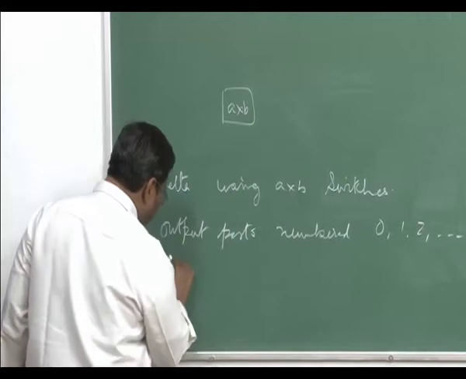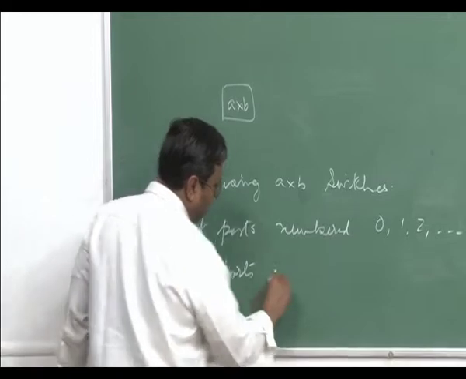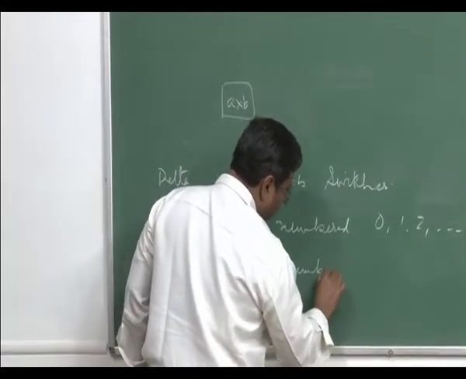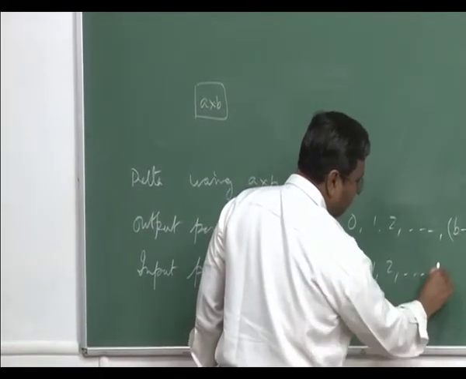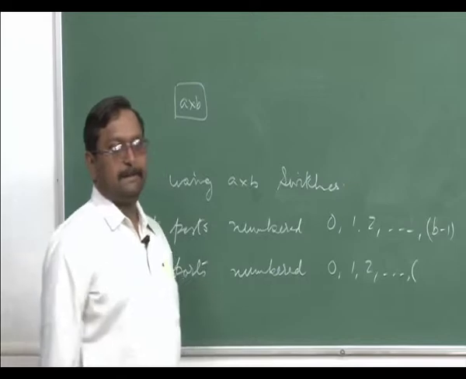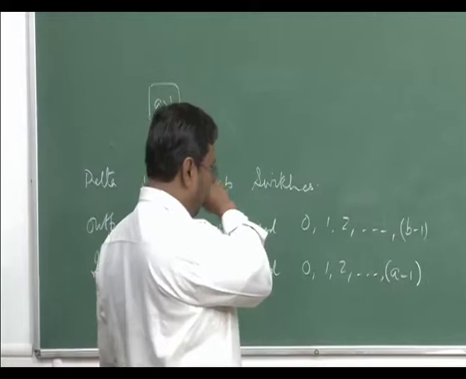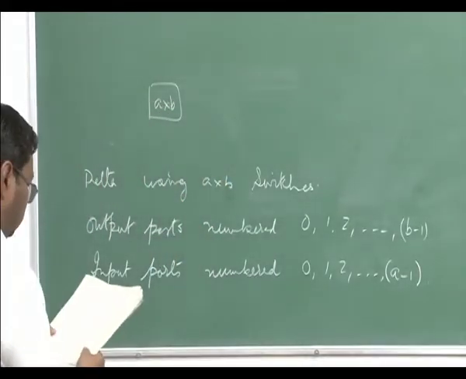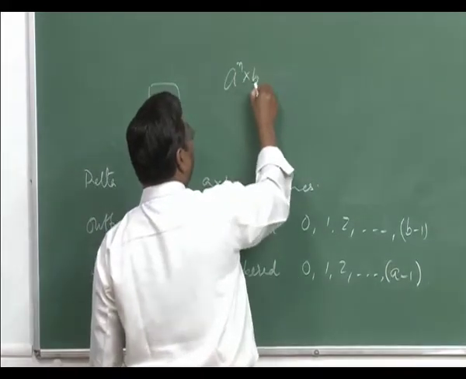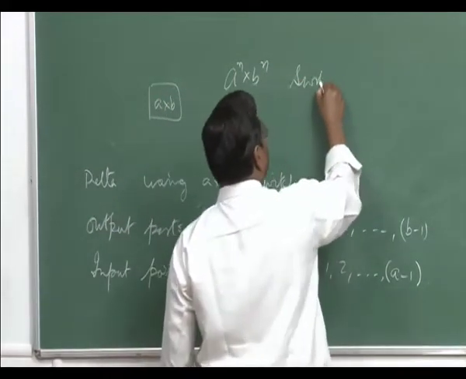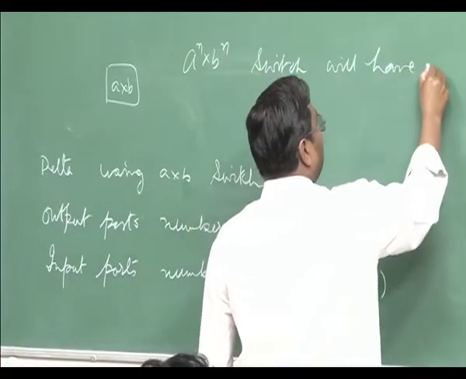So, input ports will be numbered as 0 to A minus 1, perfect. So, any A raised power n by B raised power n switch will contain n stages.